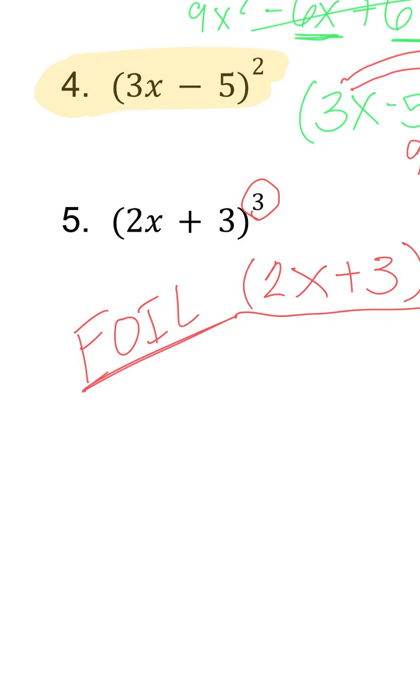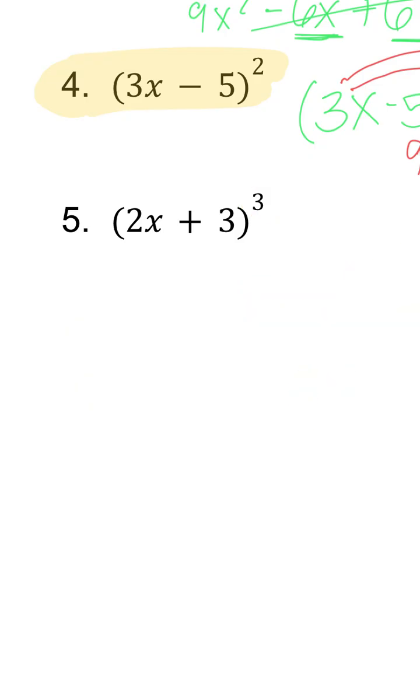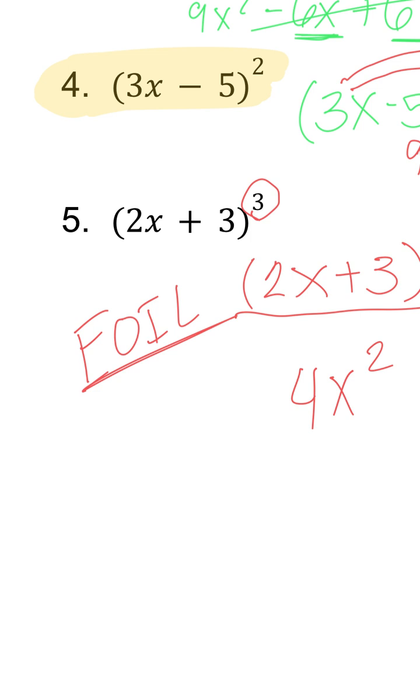4x squared plus 6x plus 6x plus 9, good. Then we combine our like terms. Good. Okay, so we're done with that one, right? We now have the answer here.